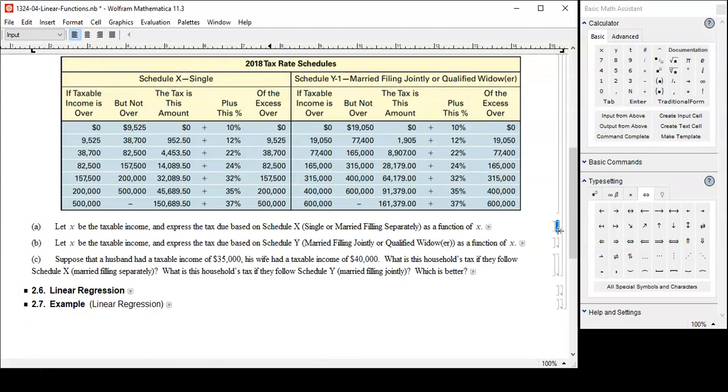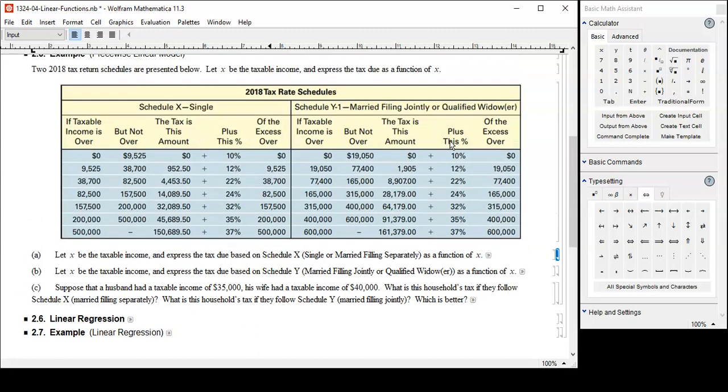Now that you have two functions, you can actually plug in. For example, if the husband had taxable income of $35,000 and the wife had $40,000, what is the household's tax if they follow F, married filing separately, that is $35,000 here, $40,000 here, and then add them up, versus using this table, married filing jointly, so add them up, $75,000 based upon this.